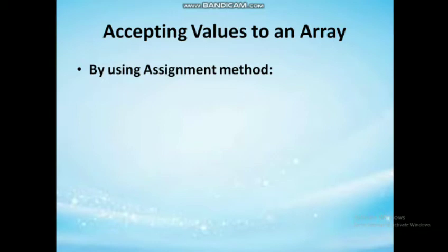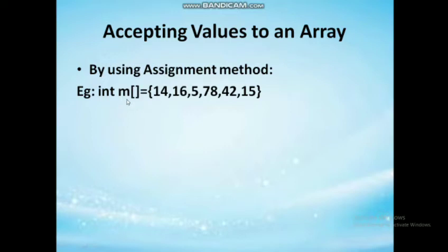First method is by using assignment method, and example is int m array. This is an integer array named m, and inside the curly braces we can define the elements with a comma in between. So the elements are 14, 16, 5, 78, 42, 15.